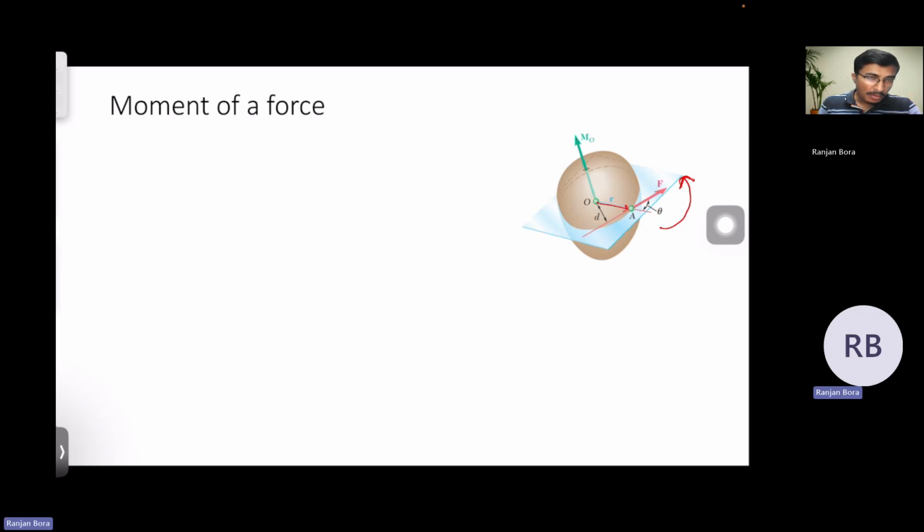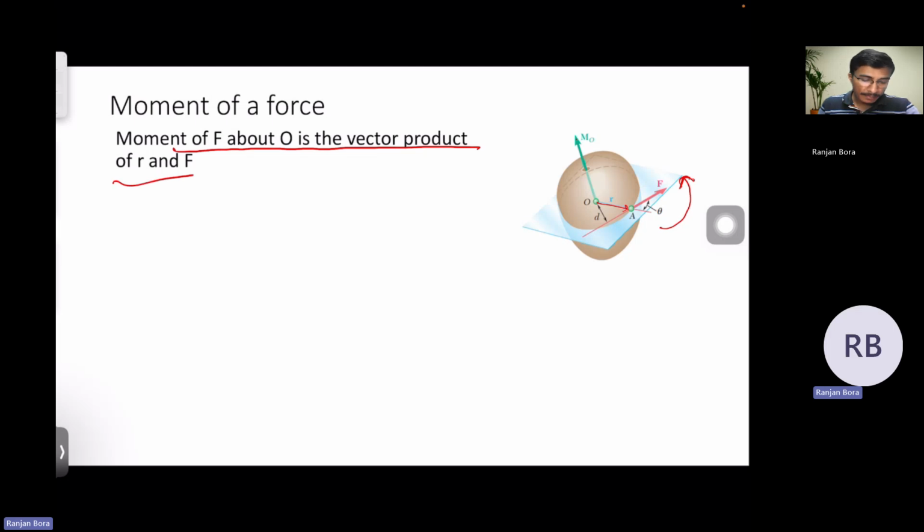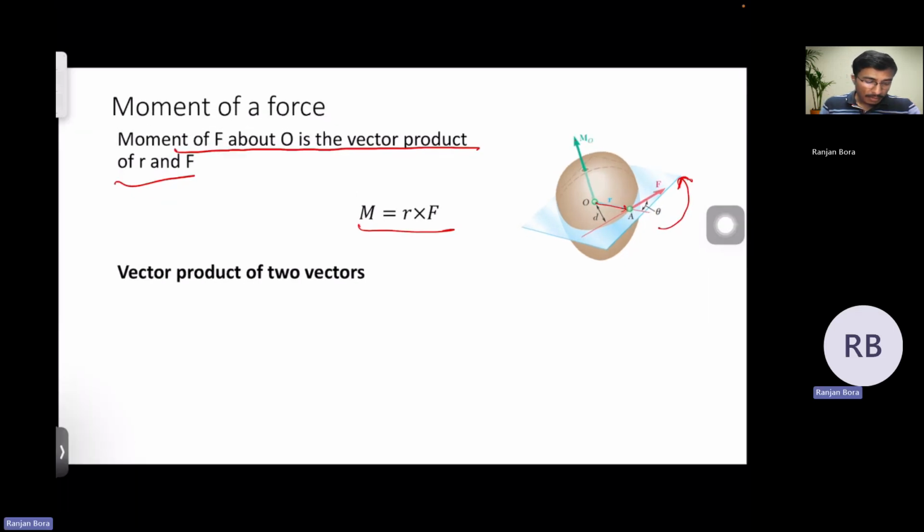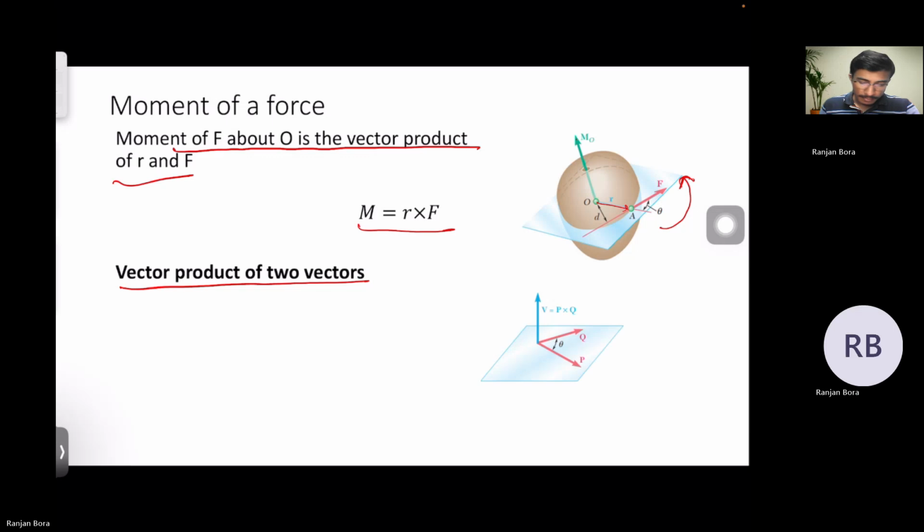So moment of F about O is the vector product of r and F, and it is shown here, M equal to r cross F. Now, what is the vector product of two vectors? In this plane, we can see there are two vectors, P and Q, and the angle between these two vectors is theta.